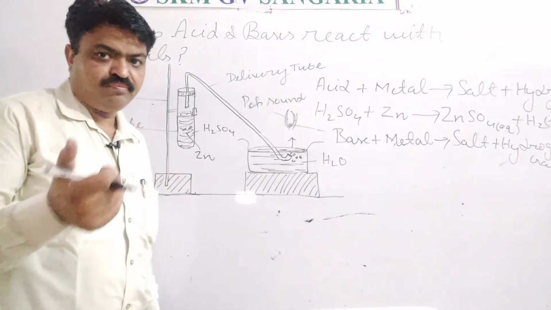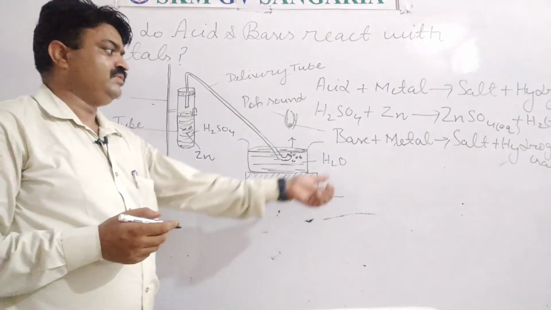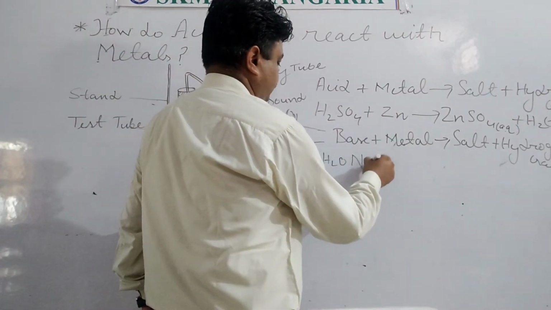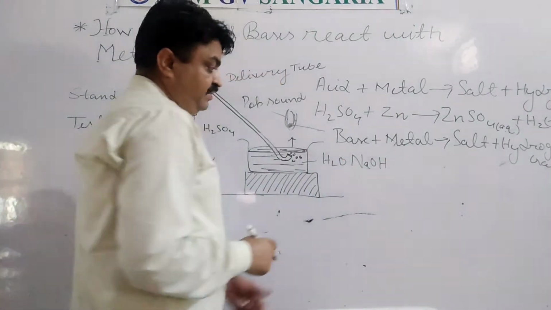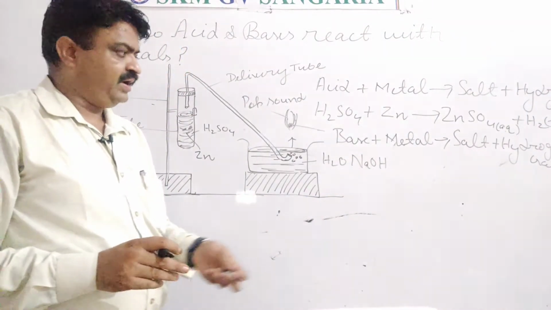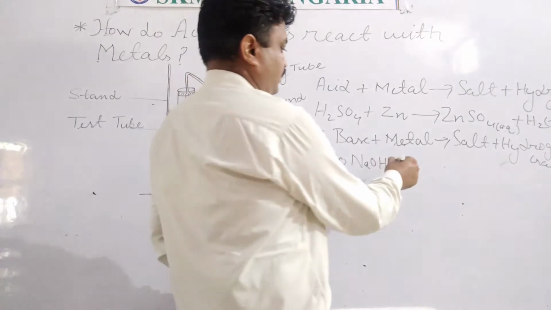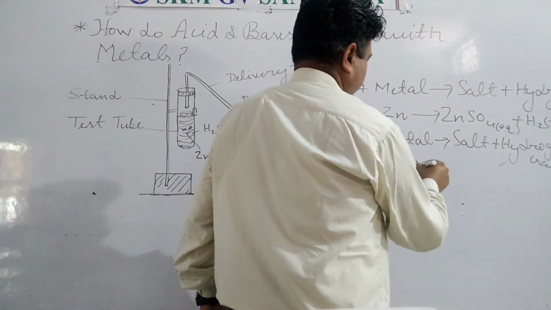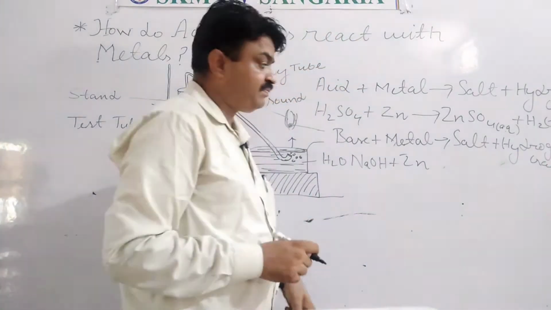Like in your book, there is one example given. There is one base, student, known as sodium hydroxide. If we take the aqueous form of sodium hydroxide and put zinc in that, what will we get?